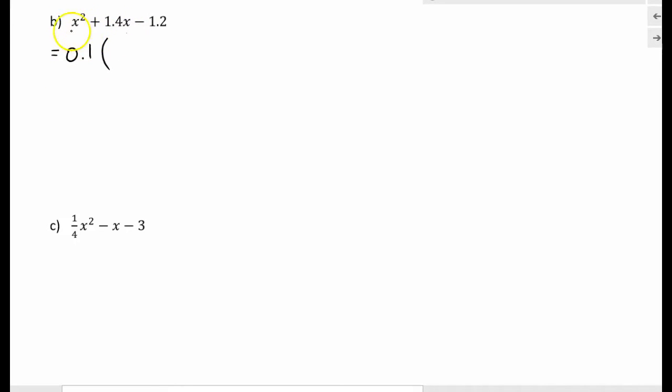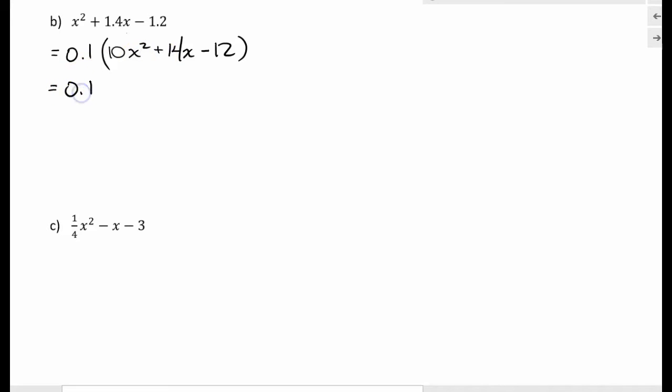And then I'm left with, instead of 1, I would have to multiply 10 by 0.1 to equal 1. x squared, and then plus 14x minus 12. From here, if you're not sure about that one, just think about, okay, 0.1 times 10 gives me 1. 0.1 times 14 gives me 1.4, and so forth.